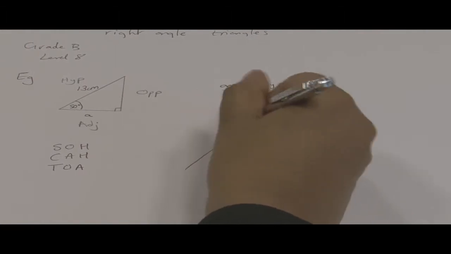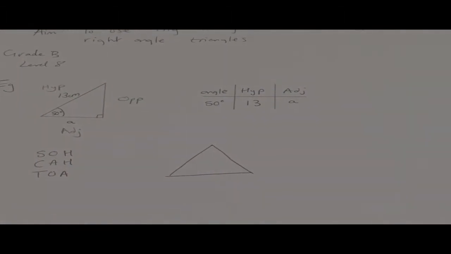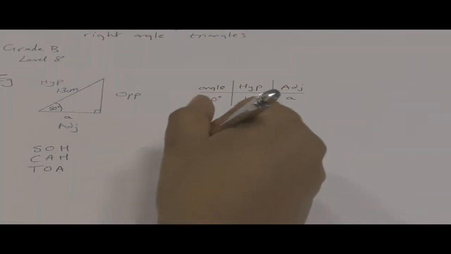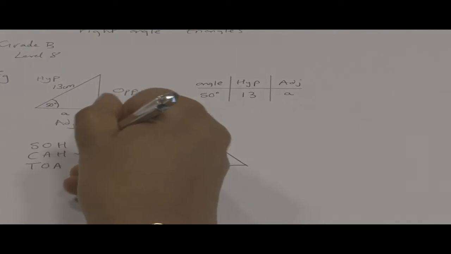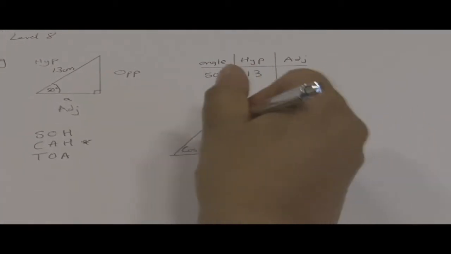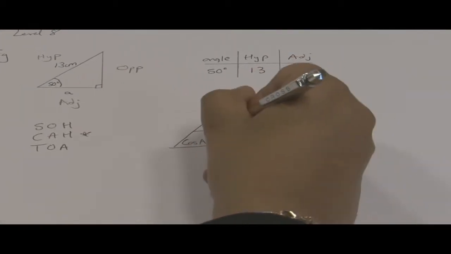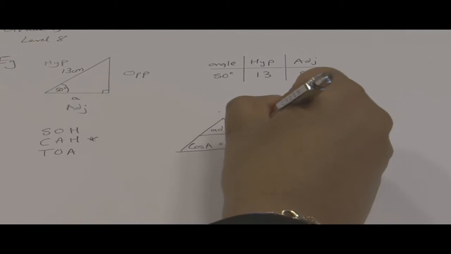Now we redraw our trig ratio triangle. Because we already know we're going to use cos of an angle, put it there, adjacent first, times by the hypotenuse there.